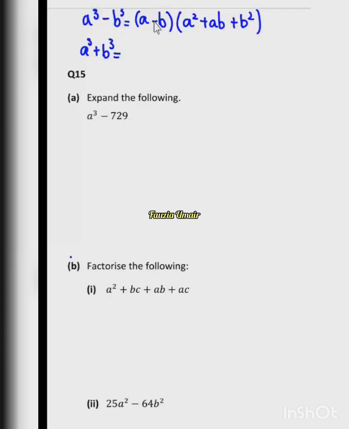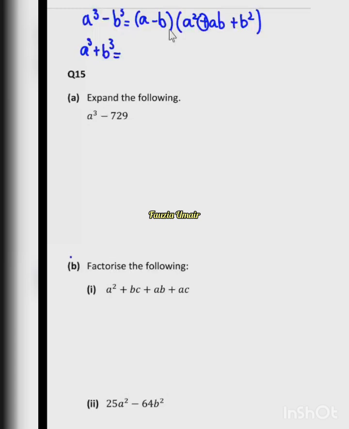The interesting thing here is that a minus b has the same sign as the left-hand side, but the middle term has a different sign. When there is a negative sign between cube numbers, there is a positive sign here. When there is a positive sign between the cube numbers, the ab term would be negative. So this is a reverse sign.